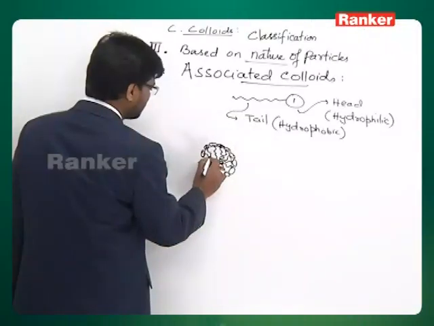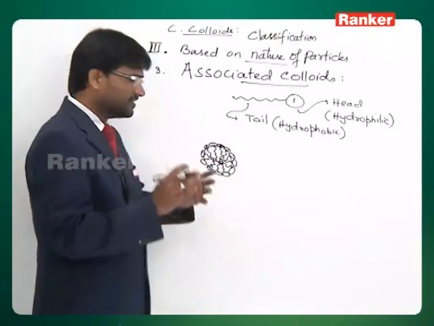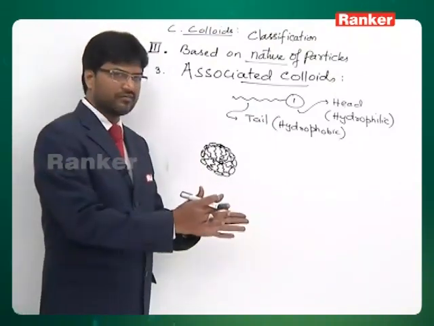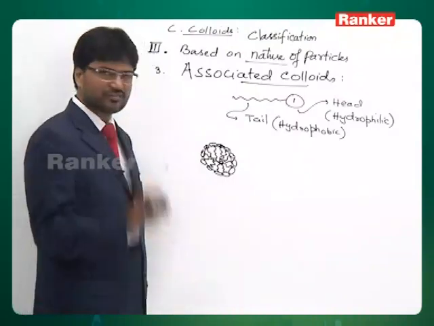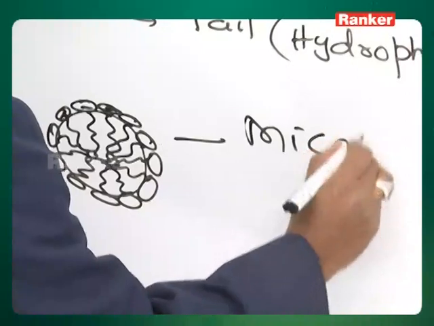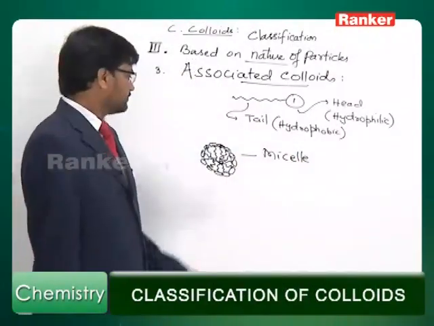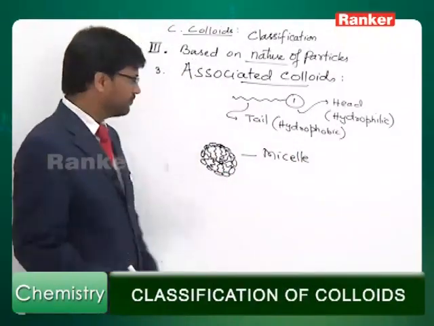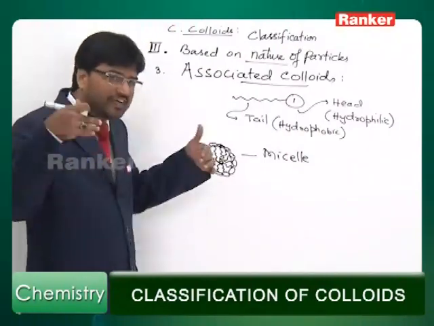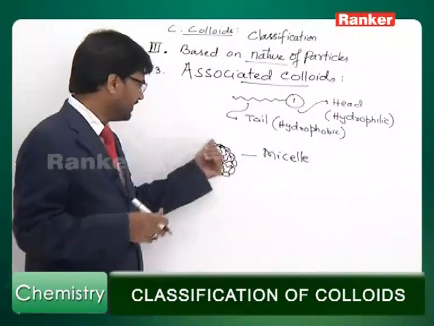Because of association of such a large number of particles, the size of the particle will be in the range of 1 millimicron to 1 micron, that is colloidal dimension. This particle is called a micelle. So this consists of 100 or more particles associated in this way. Their tails are all pegged inside and their heads are outside.